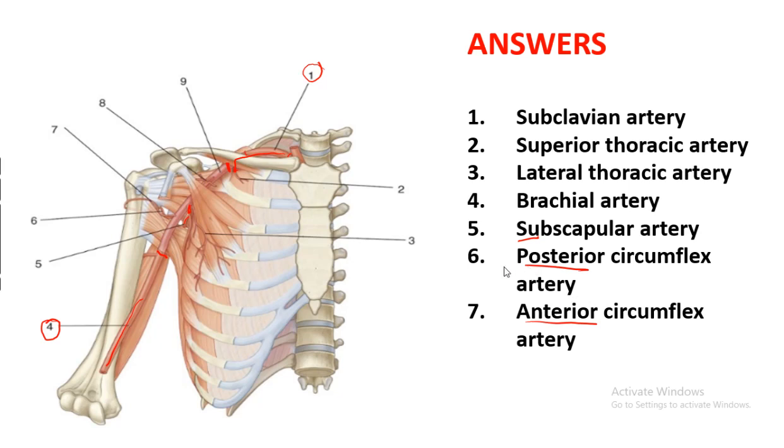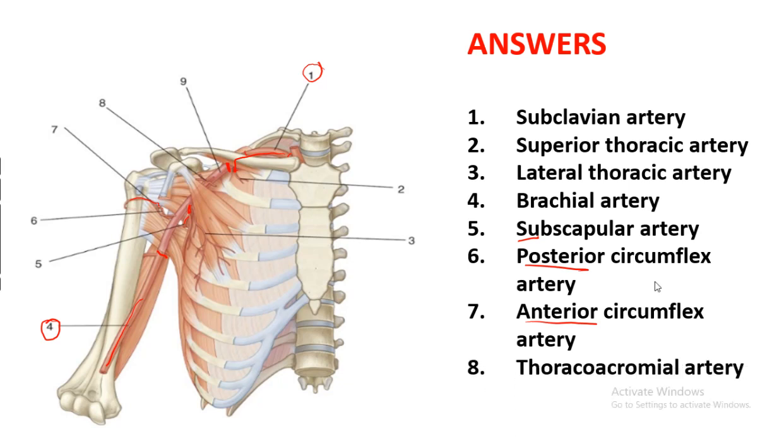The posterior normally looks as if it's going down the region, and the anterior is normally going up, because posterior means down and anterior means up. Then circumflex means it's more like moving at a certain rotation, or it's rotating.